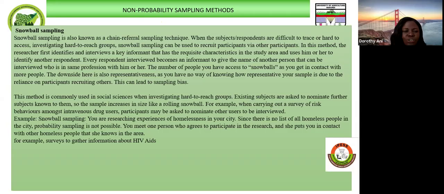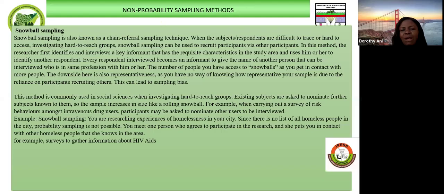In this method, the researcher first identifies and interviews a key informant that has the requisite characteristics in the study area and uses him or her to identify another respondent. Every respondent interviewed becomes an informant to give the name of another person that can be interviewed who is in the same profession with him or her.